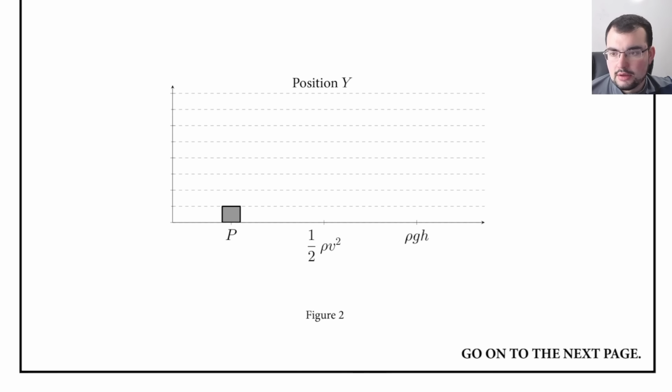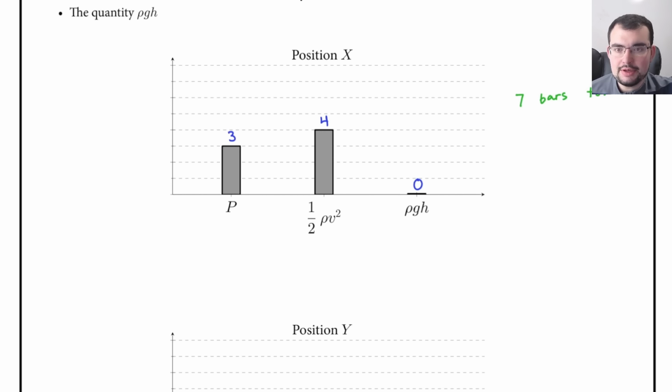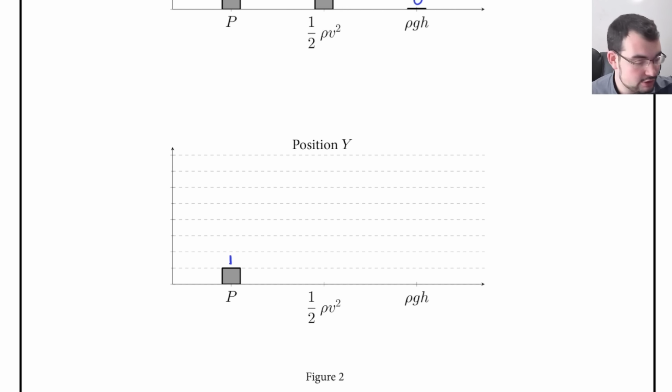So I gave you the pressure term. I'm telling you the pressure actually decreases. So now we got to figure out how the other things change. Now, you can actually do this quantitatively, but we're not grading for that on this specific chart.